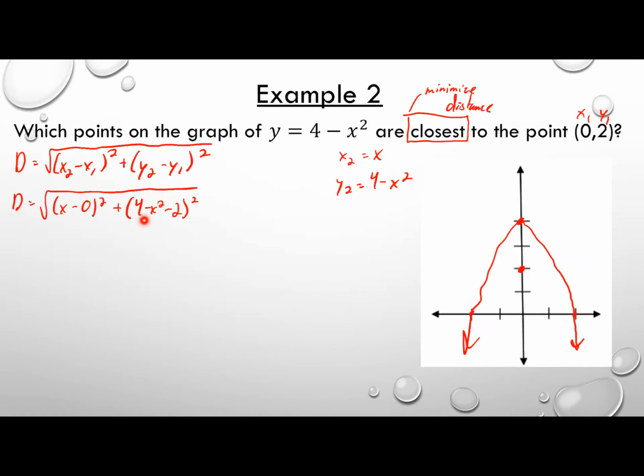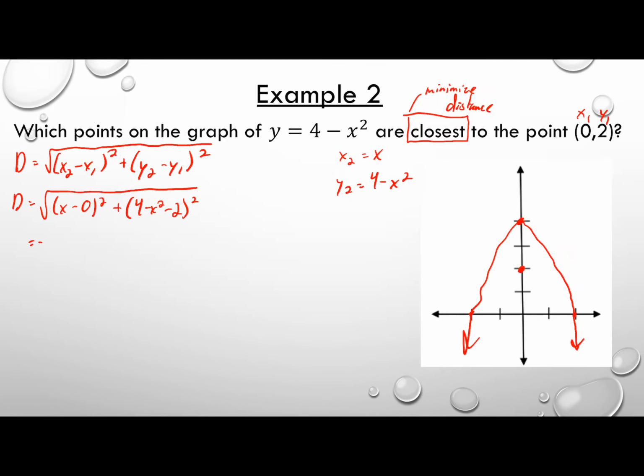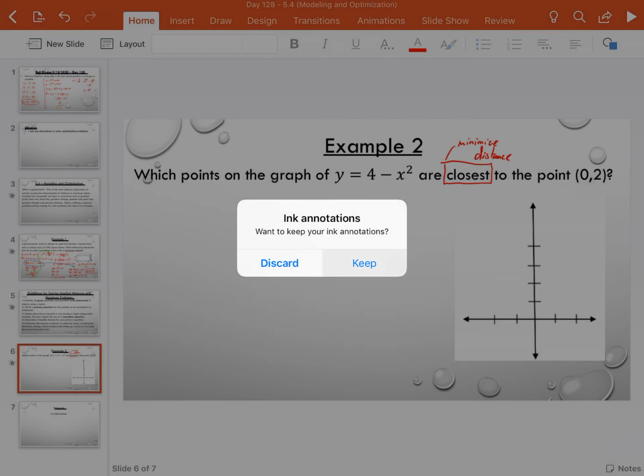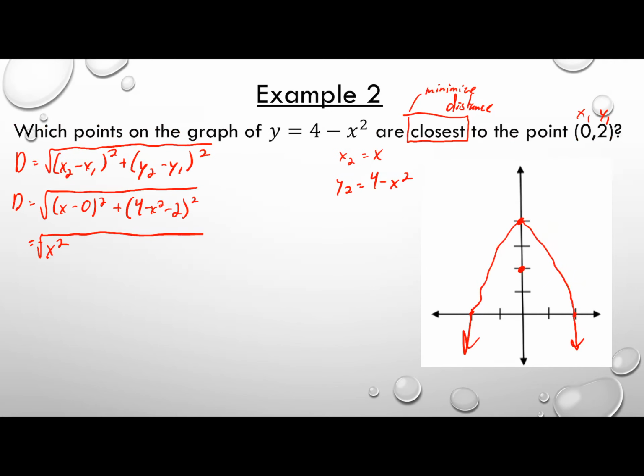Let's simplify this. x minus 0 is just x, so we have x squared. Then 4 minus x squared minus 2. 4 minus 2 is 2. So we get 2 minus x squared, squared.